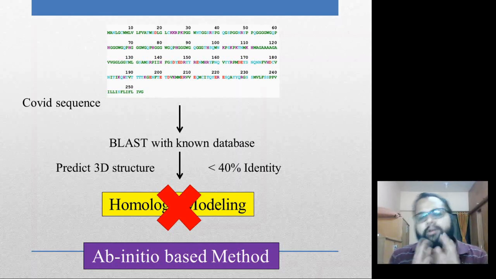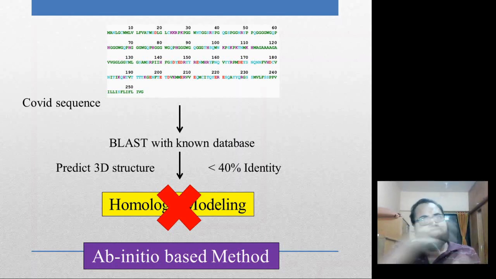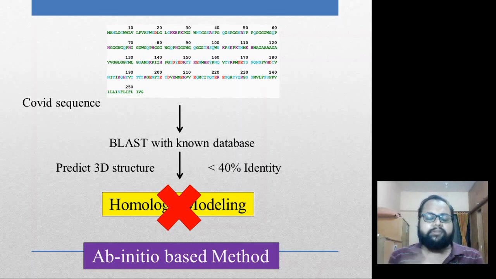If you ask me what exactly the difference between homology modeling and the ab initio based method is: in homology modeling, you're predicting the three-dimensional structure from known structural databases like PDB. So you're taking PDB structures as the reference, and based on that reference, you're trying to create a new predicted structure.